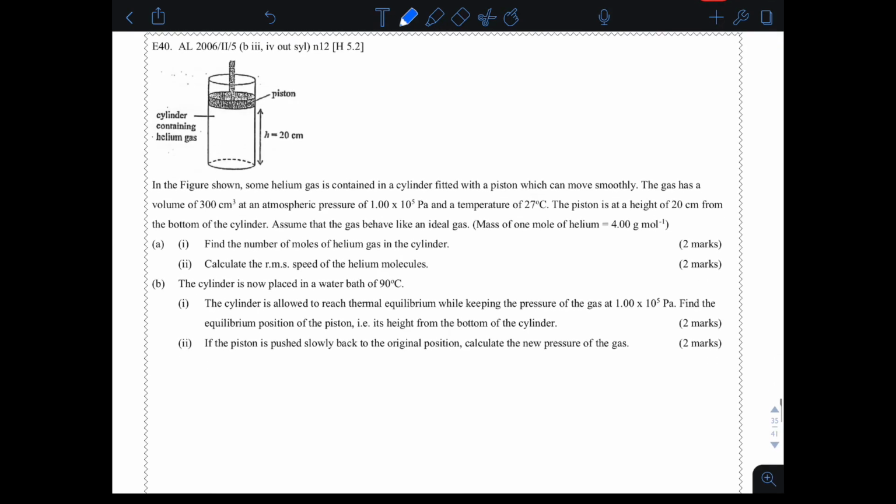Next, we will be talking about the shortcut here, so we will try to look at the whole page. We have trapped some gas inside, which is helium, and the key is the piston can move smoothly. The meaning of this is the pressure is in fact kept constant, which is equal to outside pressure, atmospheric pressure.